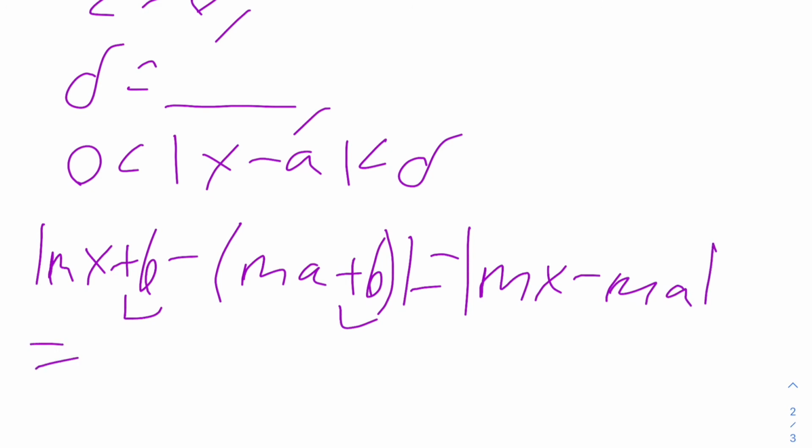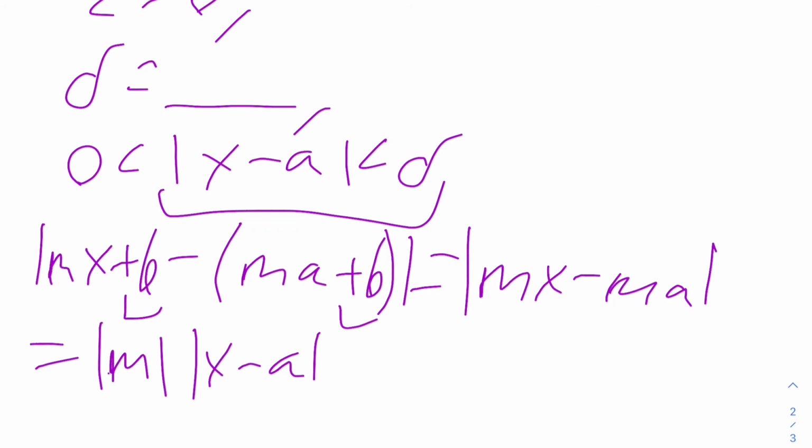and then this is going to result in m in absolute value, because we don't know if m is negative or positive, but the actual result needs to be positive, so we put in absolute value, times x minus a in absolute value.